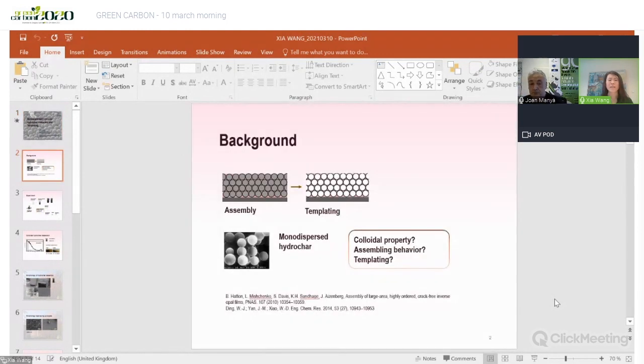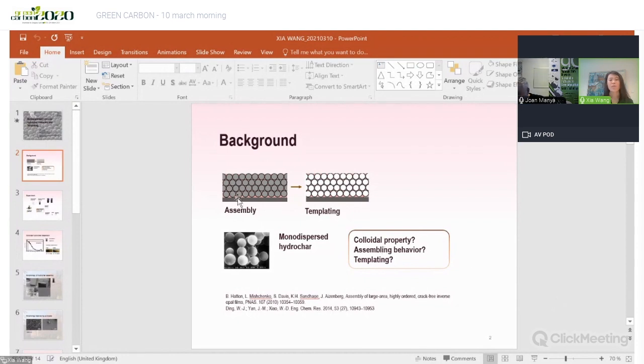So the assembly with well-organized structure and its template materials are of great importance in terms of applications like catalysis, optics, and medicines, and so on. For this type of assemblies, if the particles are monodispersed and well-organized, it's preferable because it can give more organized structure and more interesting.